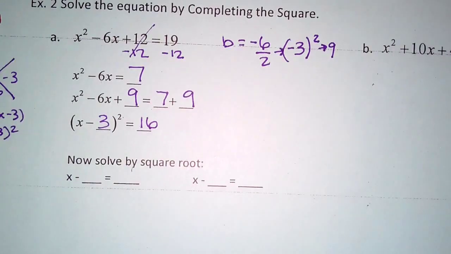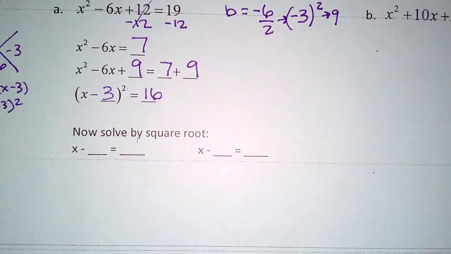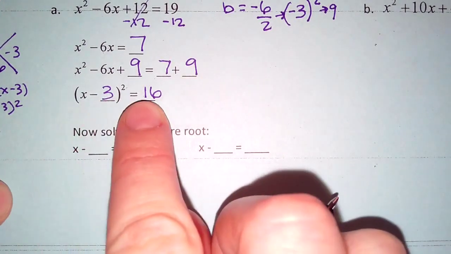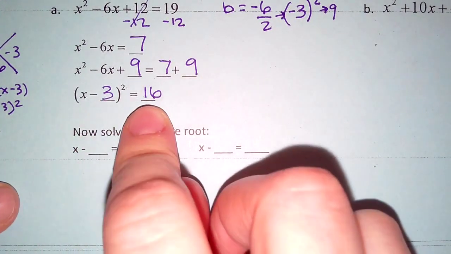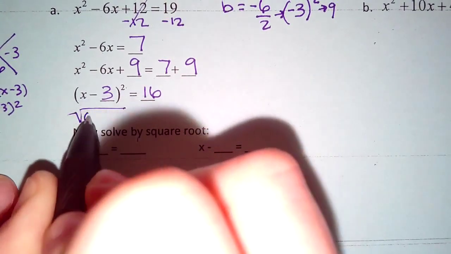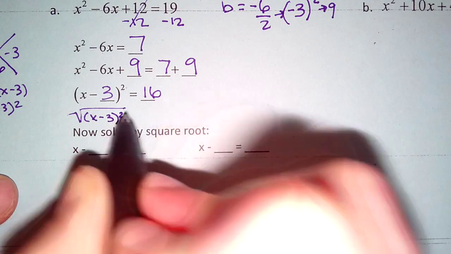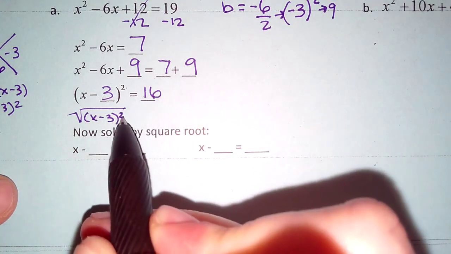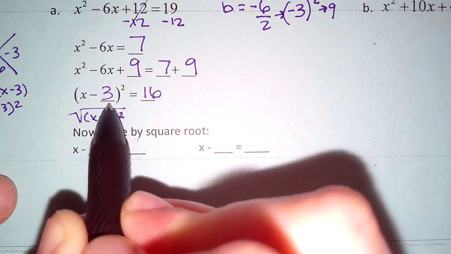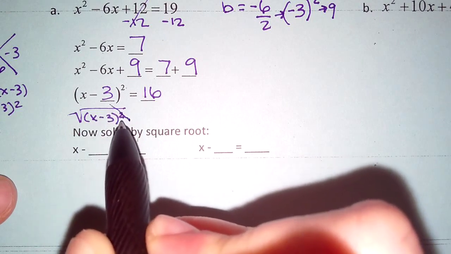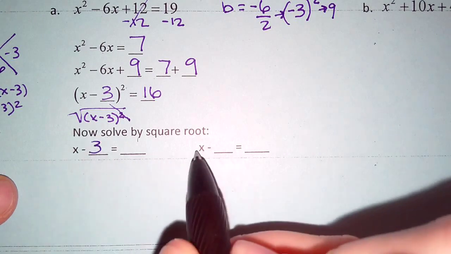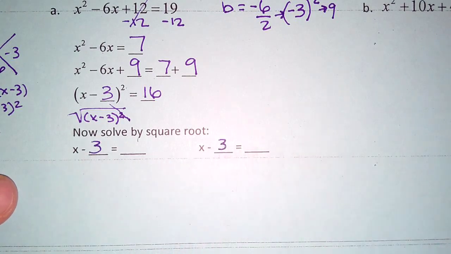So then our last step is to square root both sides. I have something squared over here, and this time it happens to be a perfect square. If I square root x minus 3 squared, what happens when I square root something squared? They cancel. Square rooting something squared goes away. So I have x minus 3 equals something and x minus 3 equals something.